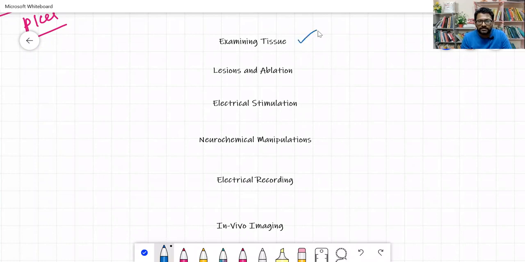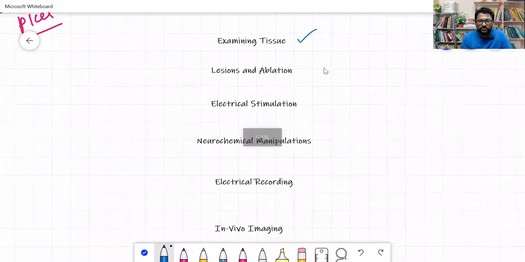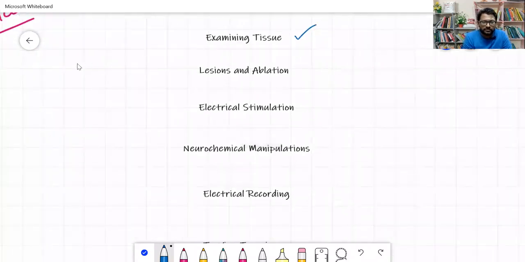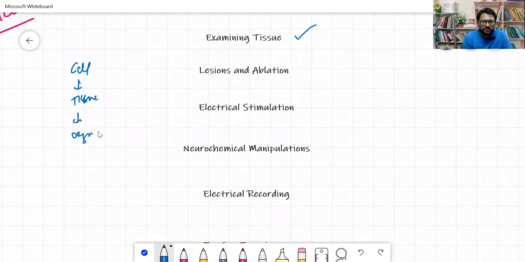So the first one is examining the tissue. As I already told you, you need to remember this: cells form tissues, tissues form organs, which combine to form organ systems, and organ systems combine to form an organism.